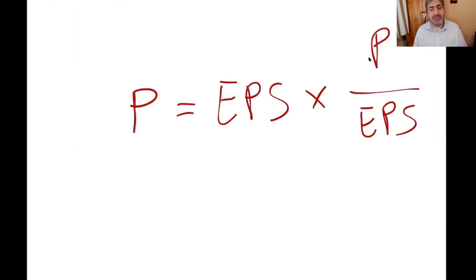Okay, now this is a stupid equation. But it tells you that there are 2 reasons why the price of a stock can go up. Either the earning per share goes up, the company produces more earnings, or investors are willing to pay more for the same amount of earnings.